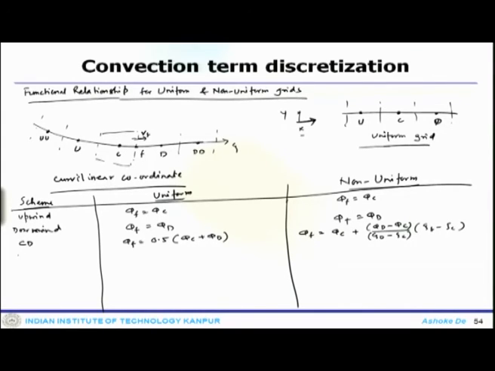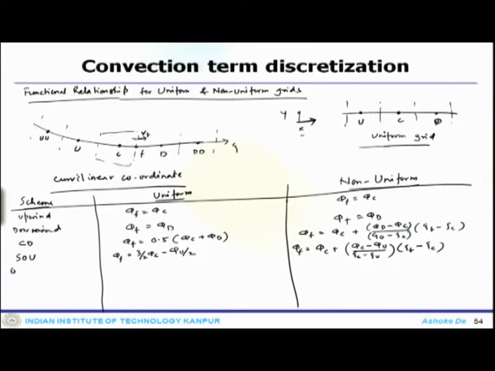When you go to second order upwind, we get phi f equals 3 by 2 phi c minus phi u by 2. This case it would be phi f equals phi c plus (phi c minus phi u) divided by (xi c minus xi u) multiplied with (xi f minus xi c).